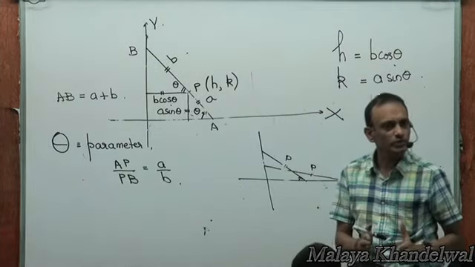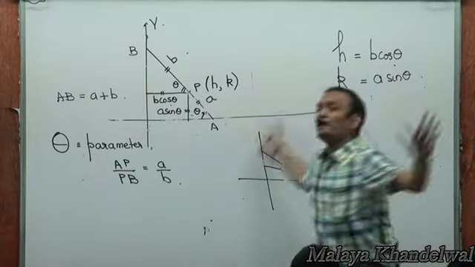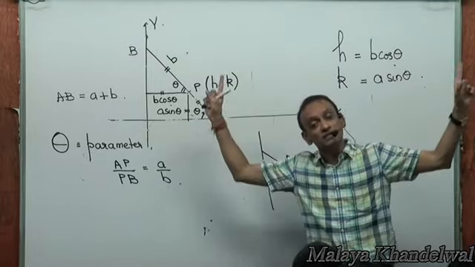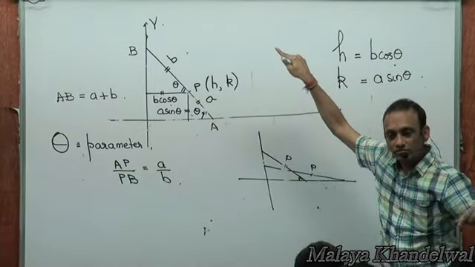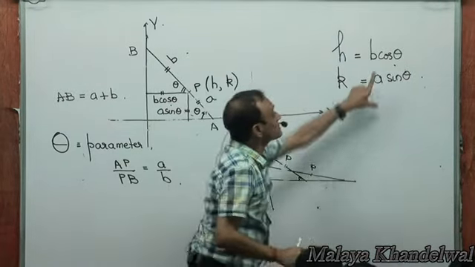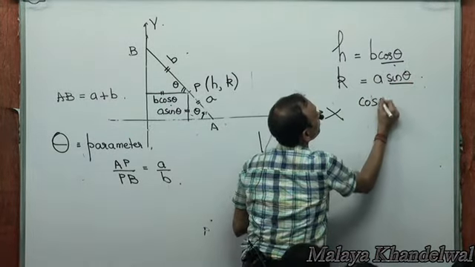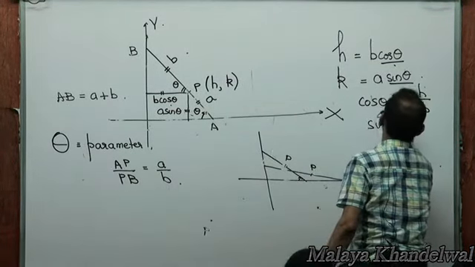If I have a relationship between the x and y coordinates of the moving point deprived of theta, then that relationship would be true for all thetas, that means for all P's described by the moving point. Yes or no? And then, as simple as this, I can say cos theta from here is h by b, and sine theta is k by a.